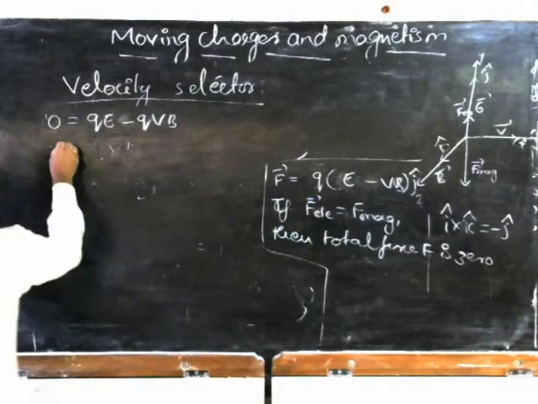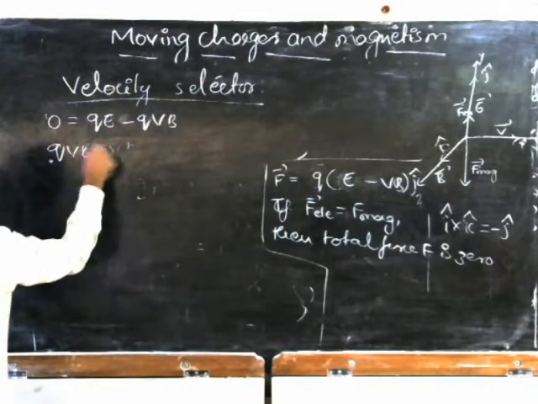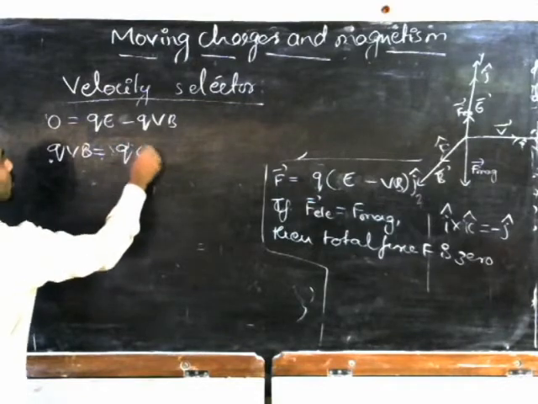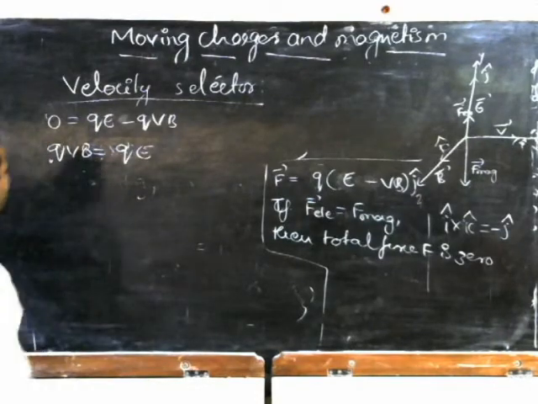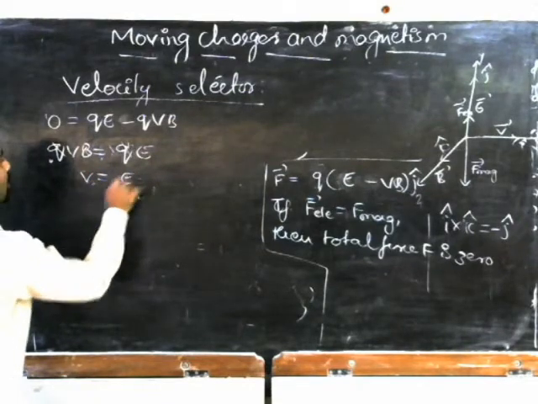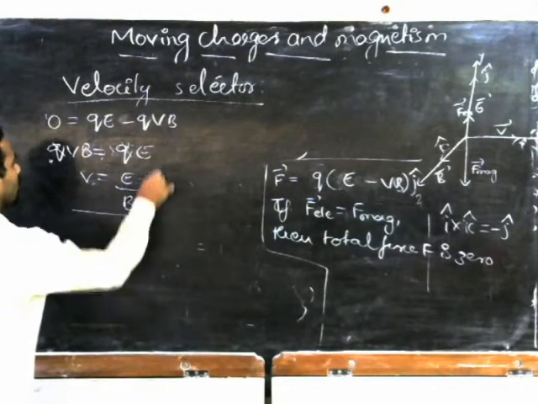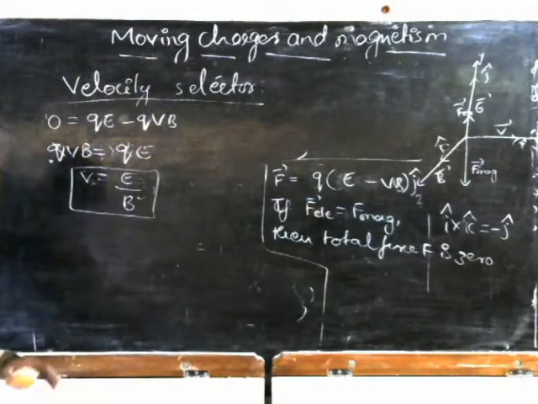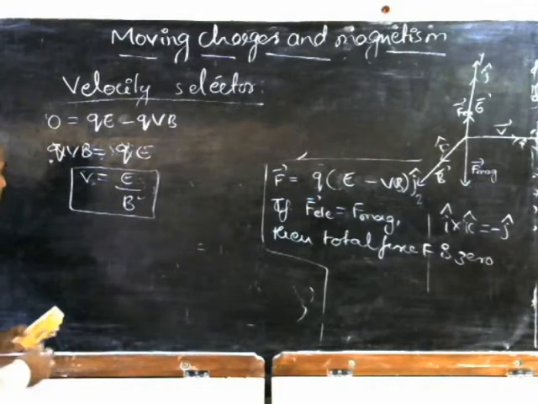I will rearrange like this: qVB is equal to qE. I hope you understood. And q cancels. V is equal to E by B. So this is an equation for velocity.